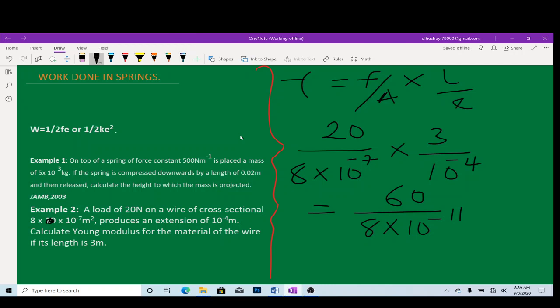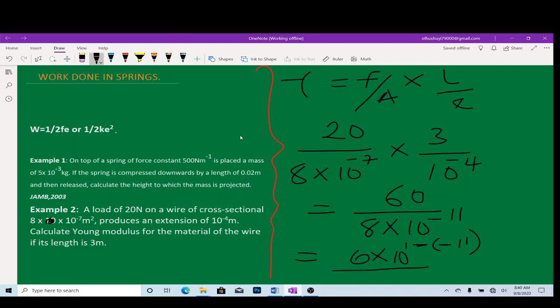This is also equal to, let me clear this place, 6 times 10 raised to the power 1. Bring this up, and you're going to have 6 times 10 raised to the power 1, then minus, open bracket, minus 11. You see that?